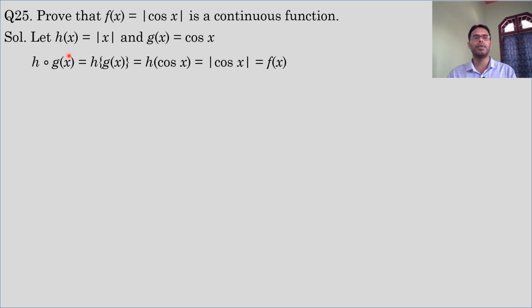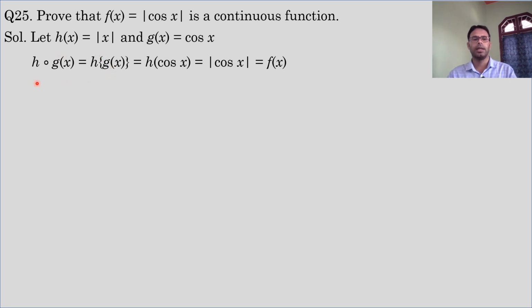Before beginning the continuity part, you have to show that the given function is the composition of h and g like this. In each and every problem, h o g should be obtained like this. First of all, you check that h(x) equal to mod x is a continuous function, and it is very simple. We have done earlier that mod x is a continuous function.